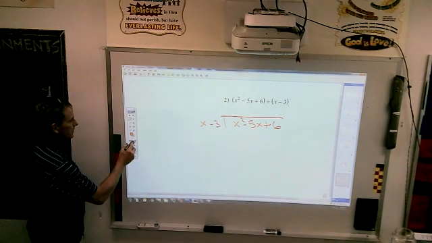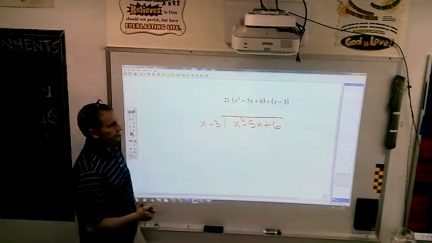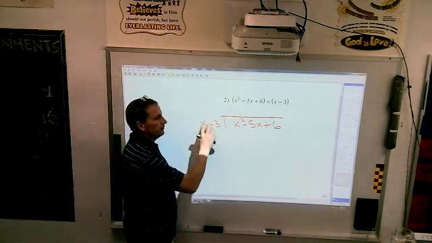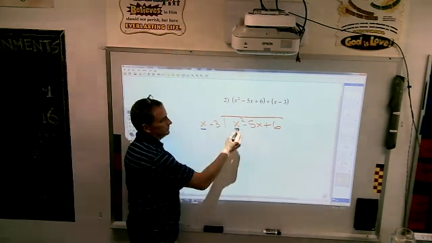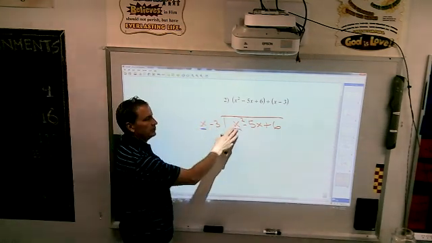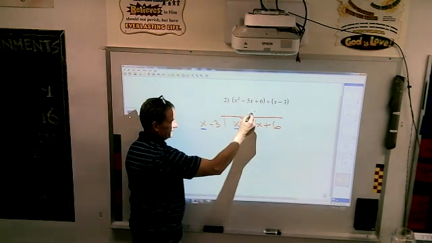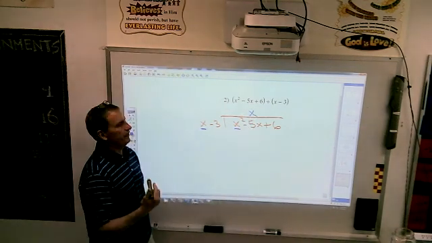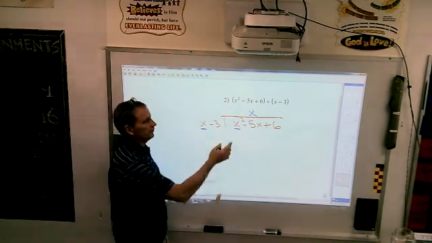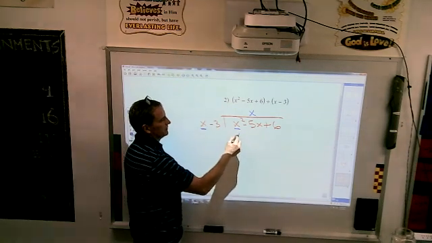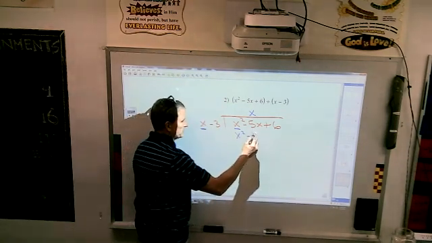Again, you don't consider the whole thing, you just work with the x in the first term there. So what times x gives you x squared? X. And x. So that's the division part. Then you multiply. What do you get if you multiply this x times both of those? You get x squared minus 3x.